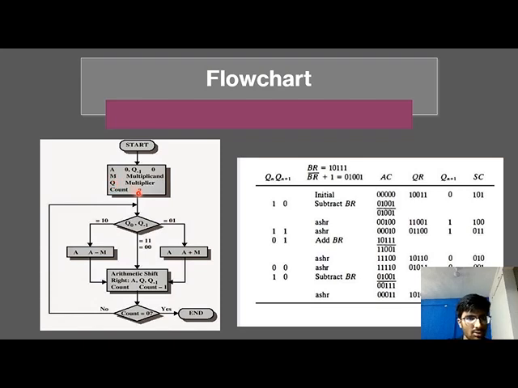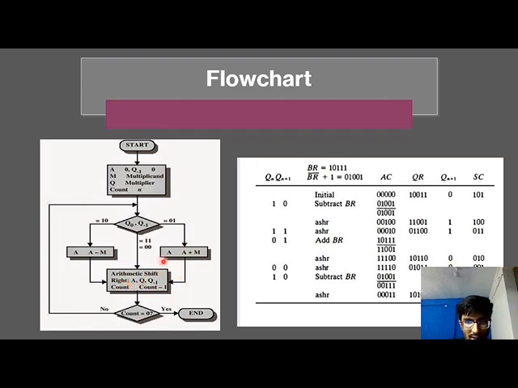So AC starts at 0. See the flowchart first: Q0 and Qn plus 1 are bits of the multiplier. When Q0 and Qn plus 1 is 0 1, we add A and M, store it in A, and then do an arithmetic shift right.